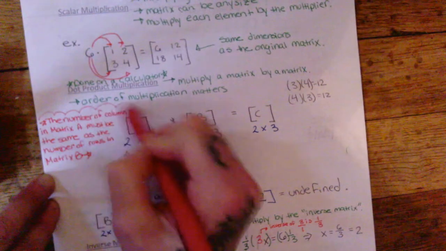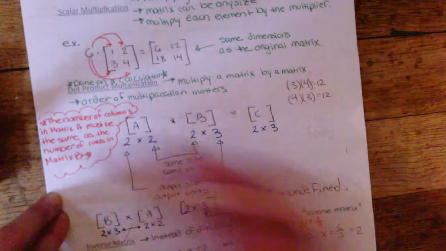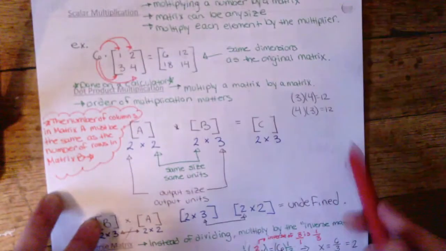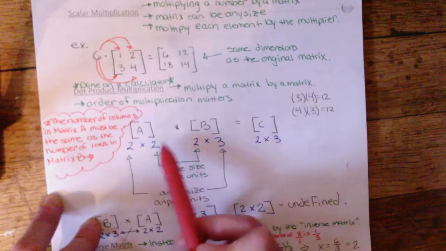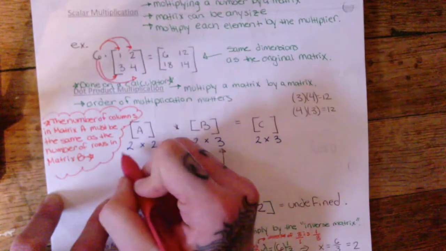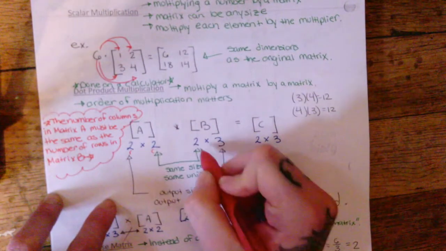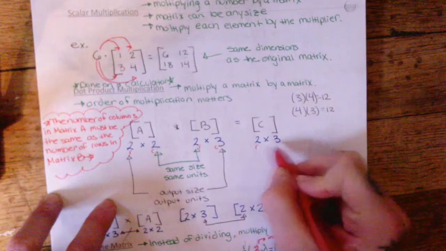Okay, now that's really wordy and can be difficult to remember, so when I'm doing this out, I like to just write the dimensions and compare the inside, where these are my rows, these are my columns, rows, columns, rows, columns.